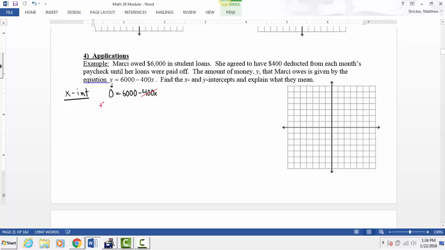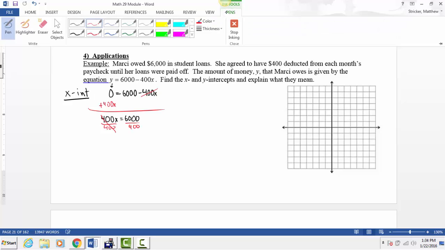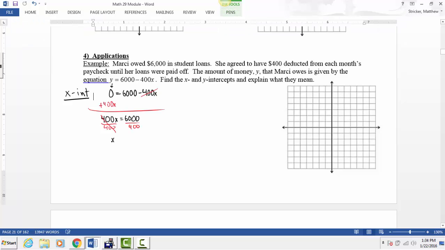It becomes a plus 400x. So 400x equals 6,000. If I divide both sides by 400, I get x equals what? 60 divided by 4, that's 15.